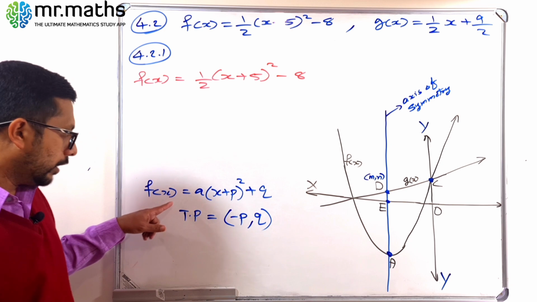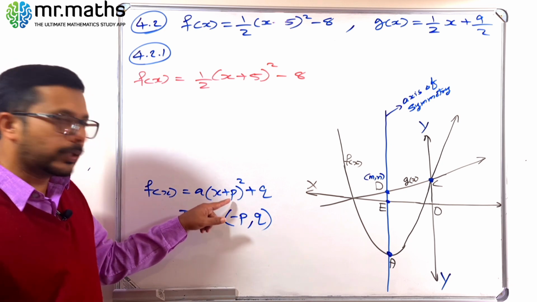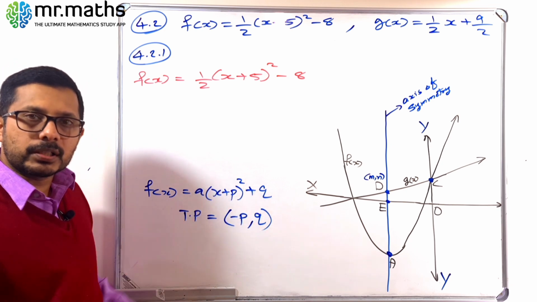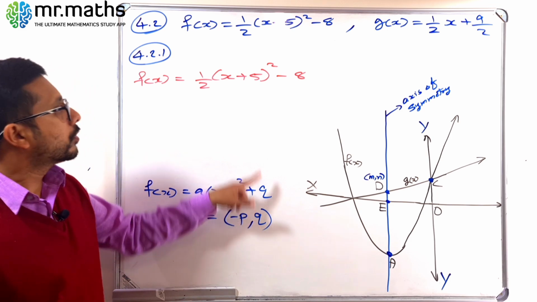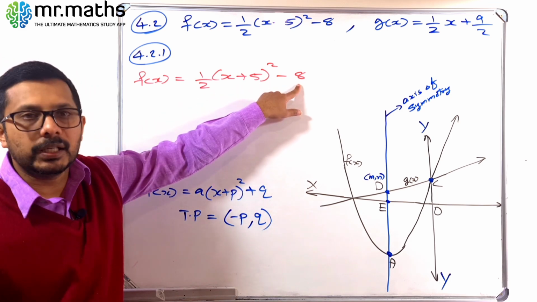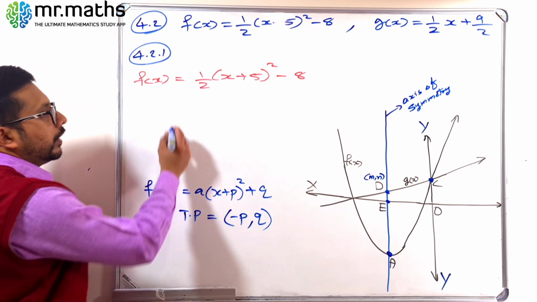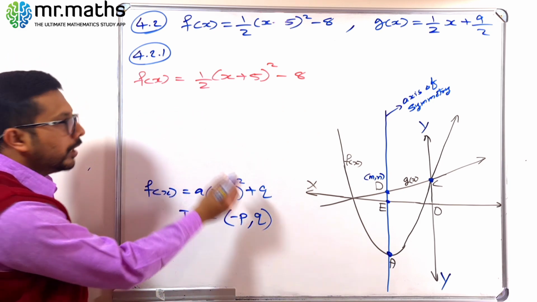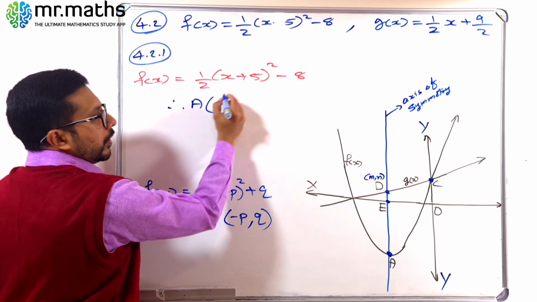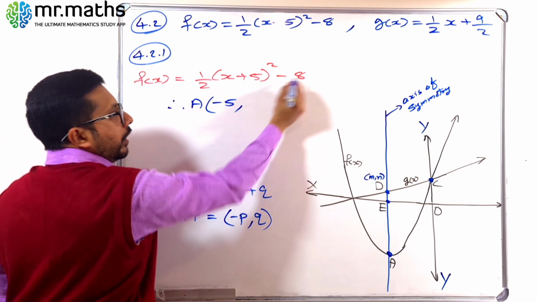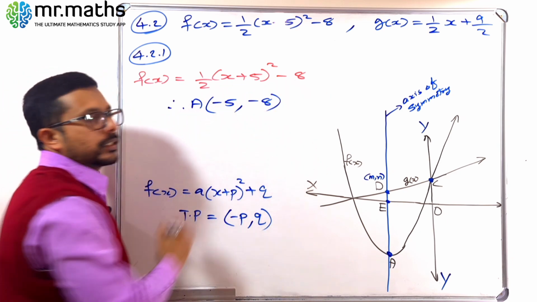A quadratic equation in this format, a into x plus p the whole square plus q. What is the turning point? Minus p comma q. So here it is plus 5 and minus 8. So what is the coordinate of A? A stands for the turning point. Here it is plus 5, so minus 5, and no change in the other, minus 8.